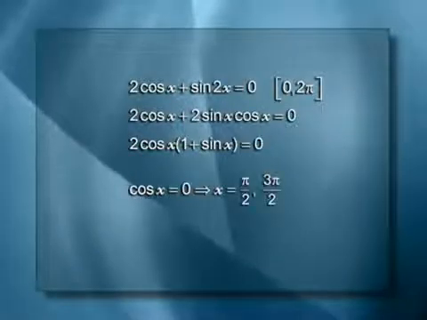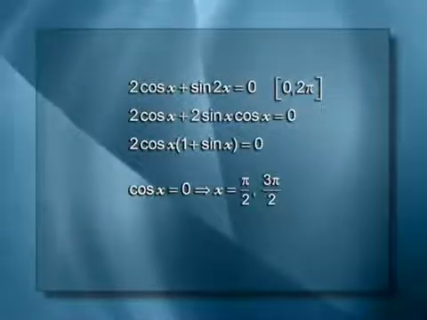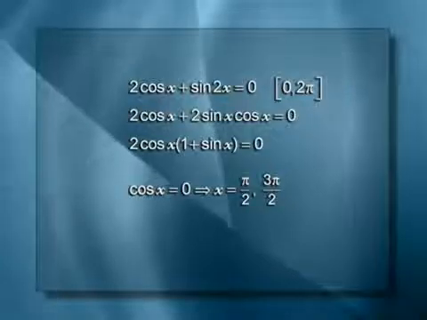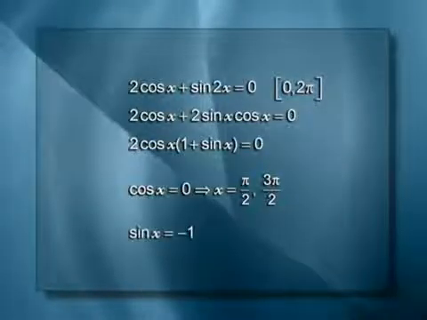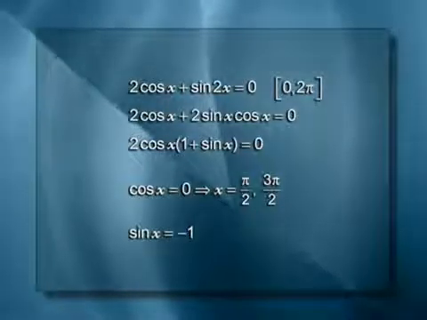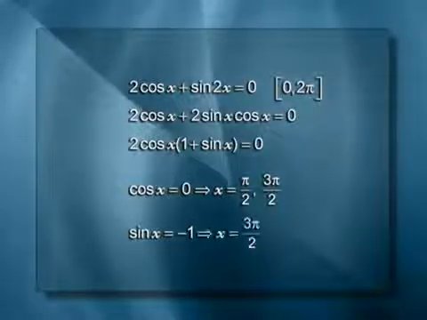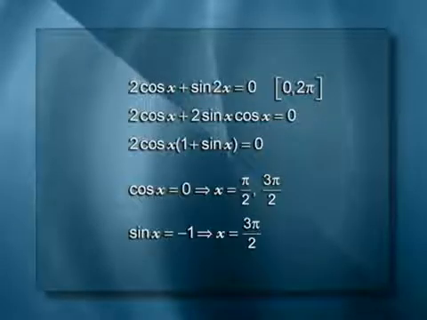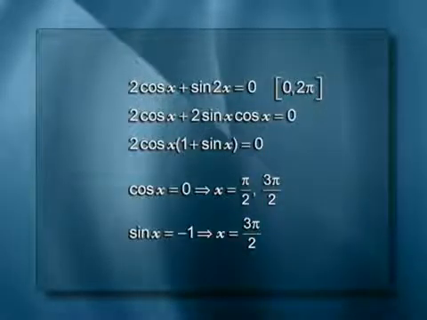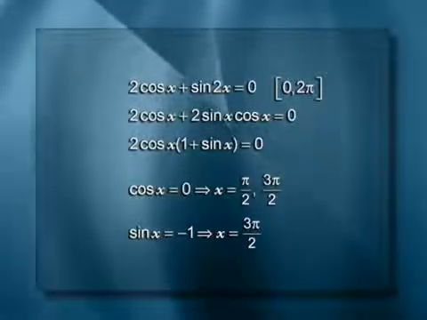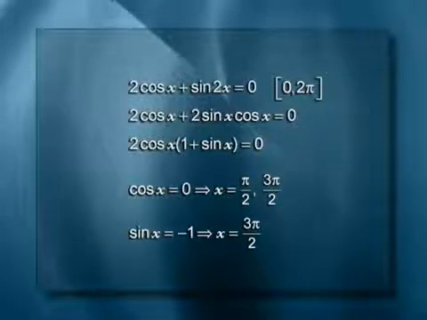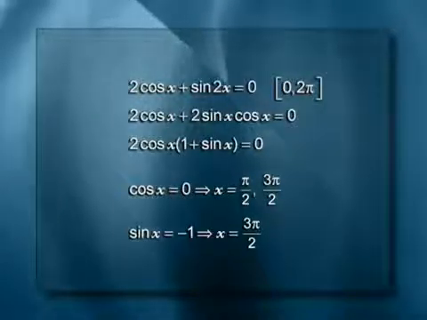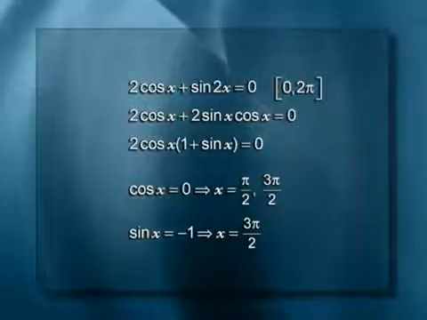Yeah, pi over 2 and 3 pi over 2. The other term was 1 plus sine x. That means sine x is minus 1. So what's x? Well, if sine is minus 1, x is also 3 pi over 2. We get kind of a repeated answer here, don't we? So the final answers on the interval are pi over 2 and 3 pi over 2.